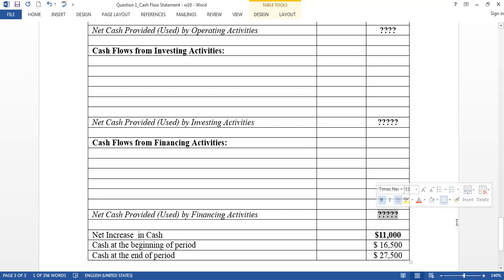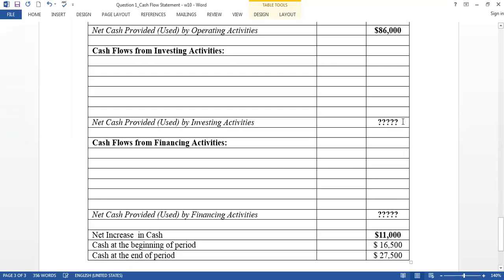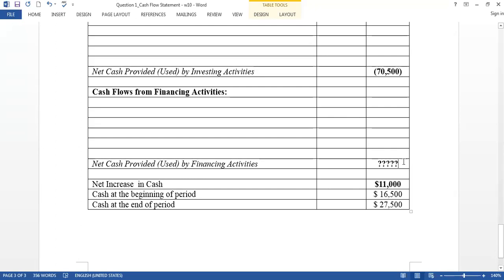For example, if I write the answer, here it is operating activities. For example, operating activities is $86,000. Then investing activities is minus 70,500, and financing activities is minus 4,500.